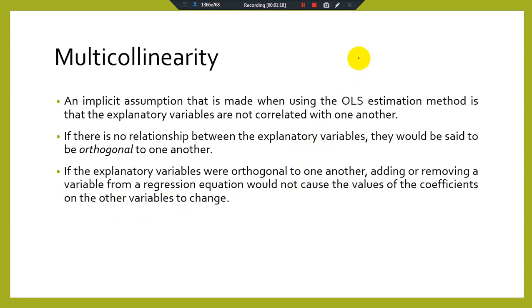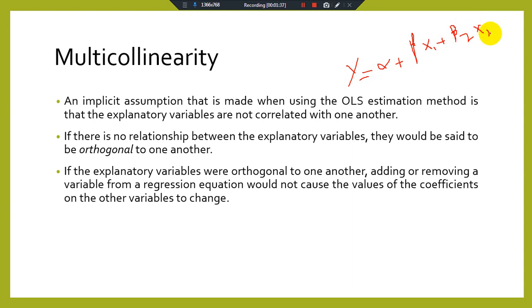Like we have a regression model y is equal to alpha plus beta 1 x1 plus beta 2 x2.